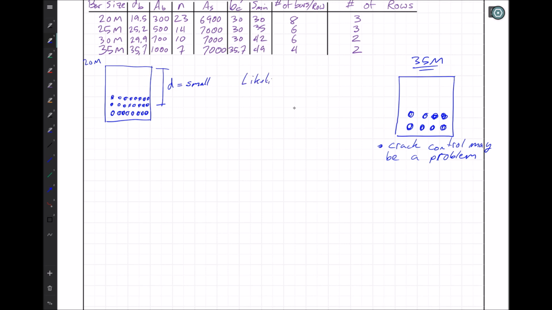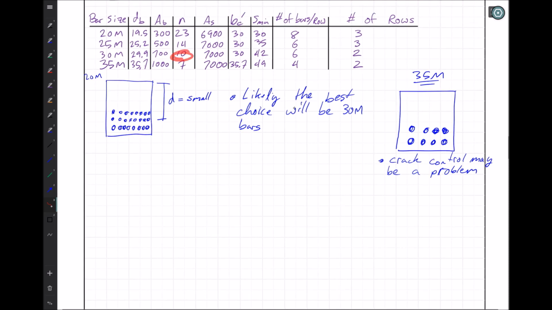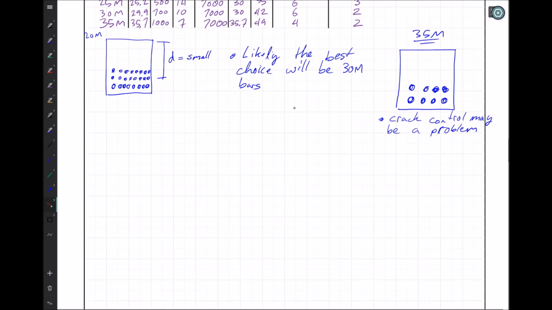Likely, the best choice will be the 30M bars because of what we've been discussing. It sort of has the best mix between the two. We can fit all 10 comfortably in 2 rows, and it limits the value of D as small as possible, and it has enough bars to help us with crack control.